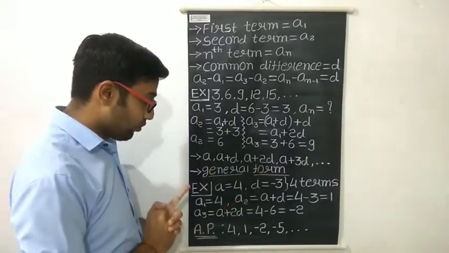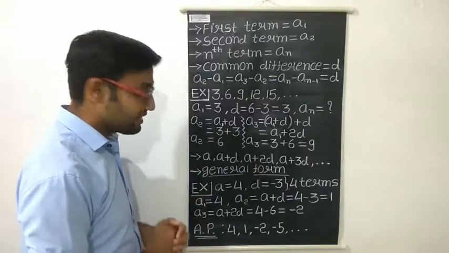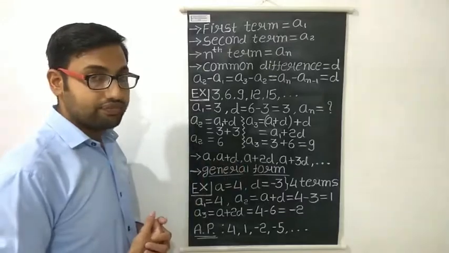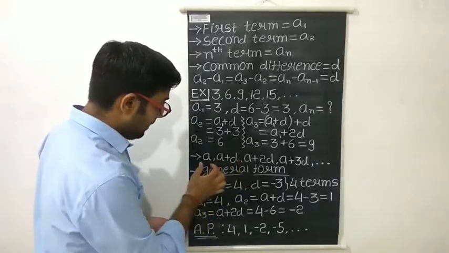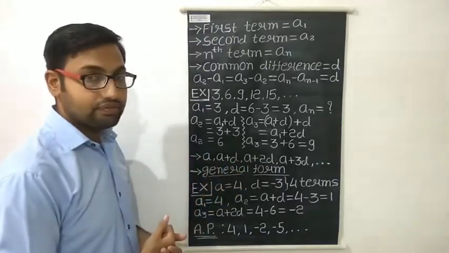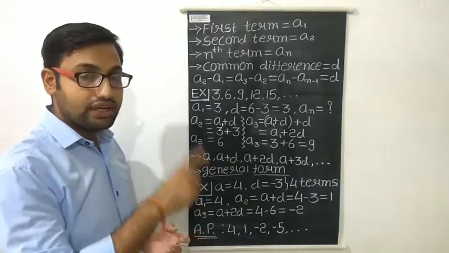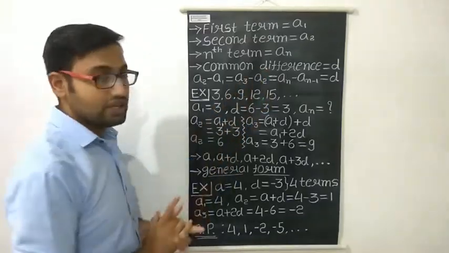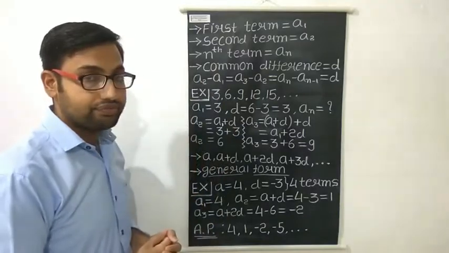Here you can also notice that if we subtract these two terms, A plus D minus A, A will cancel, only D will remain. And that D is called the common difference, as we have studied earlier.